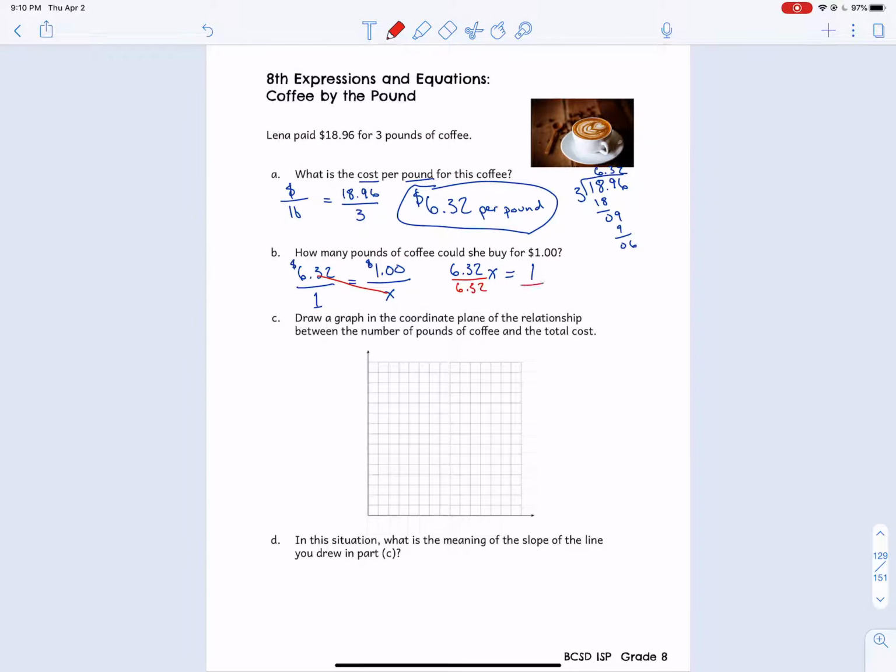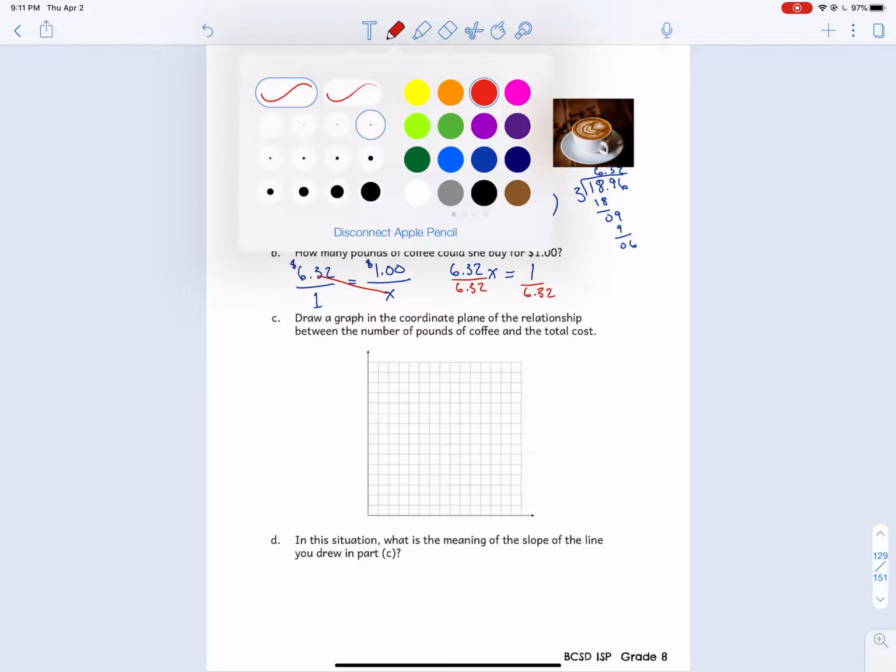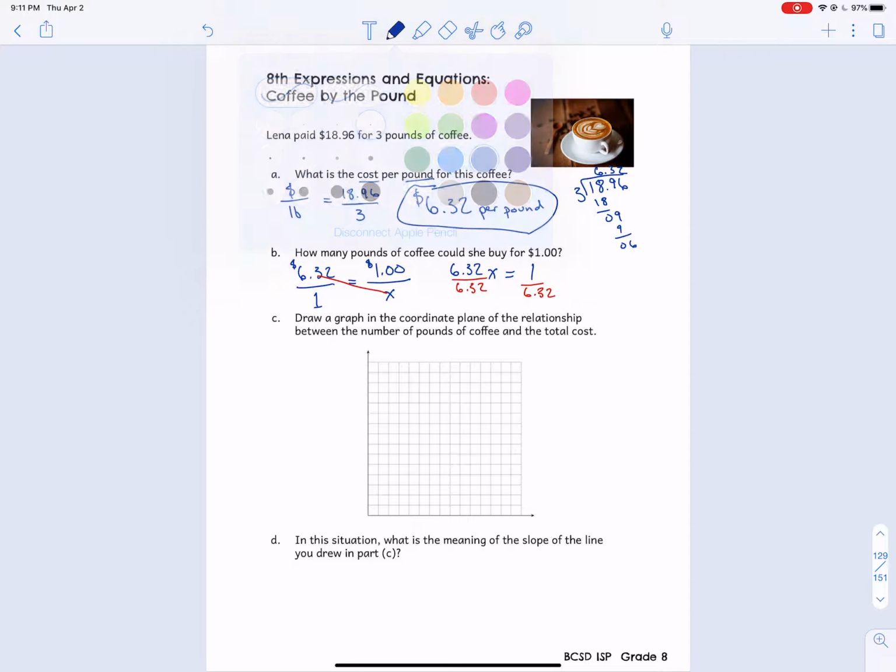It's the same as solving an equation, just that we have decimals this time. Okay, so if we do that, we get x equals, so you can use a calculator for this, 1 divided by 6.32, and that would be 0.